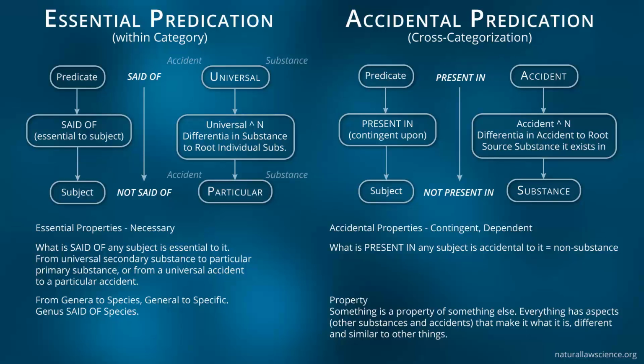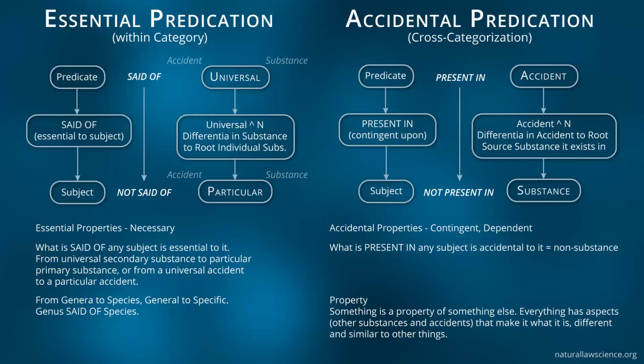In accidental predication, this can occur, which I had briefly explained previously regarding the color and how, well, the color and then the white and this white goes from accident to substance eventually, because this white belongs to a body.